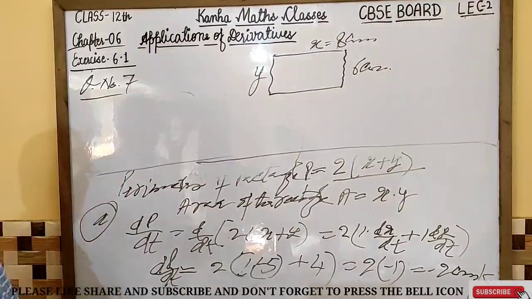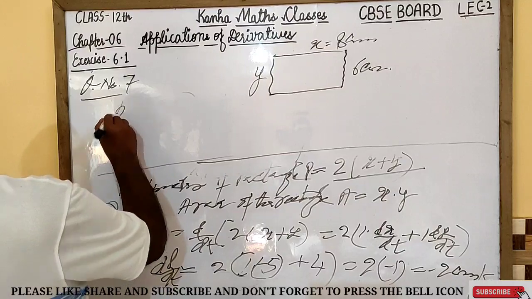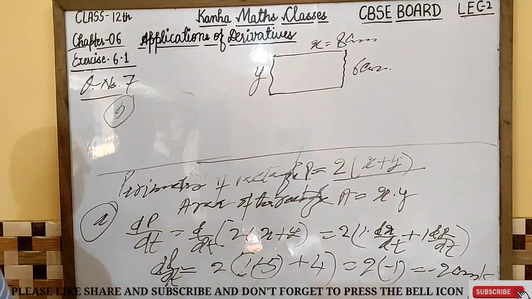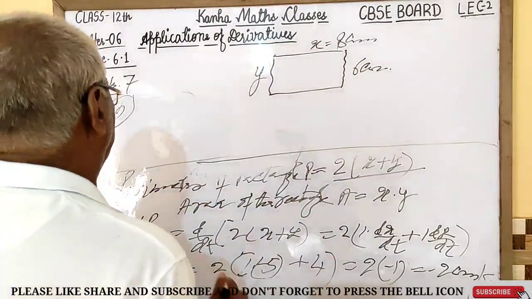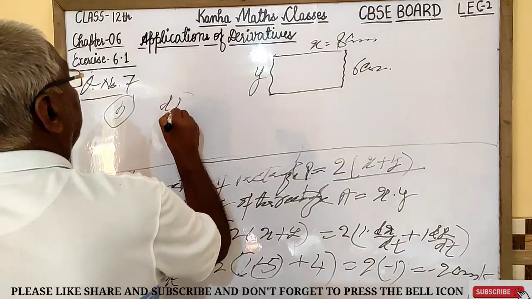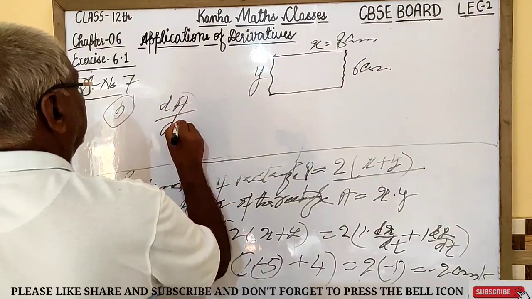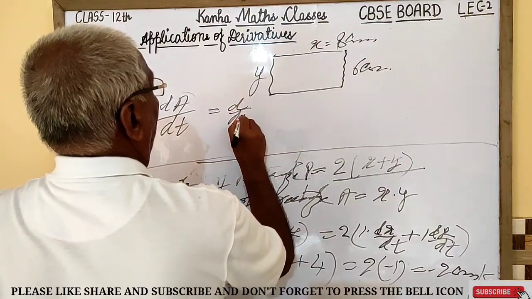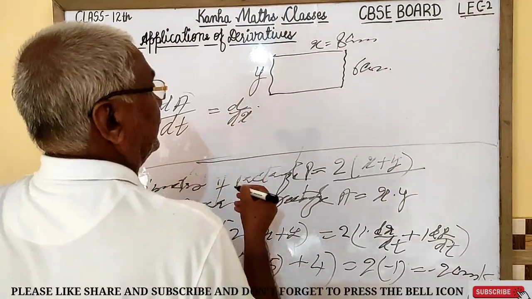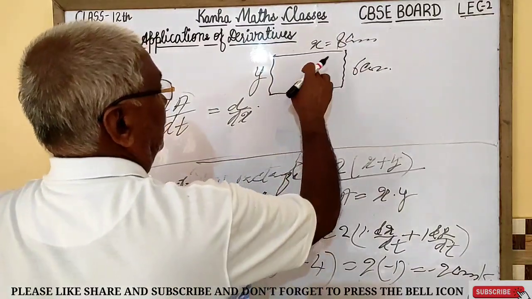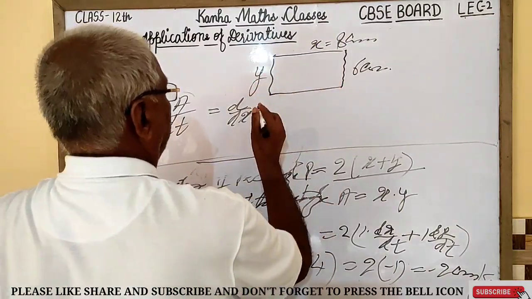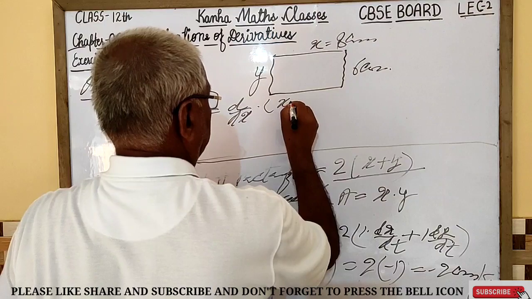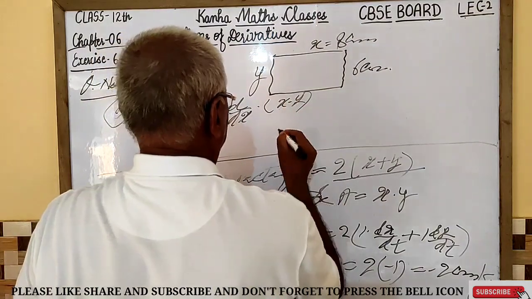Now, due to lack of space on the blackboard, we want to rub some of the upper part of the blackboard. The second part of question number 7 is the rate of increase of the area of the rectangle, that is dA by dt. dA by dt means d by dt of A. Area means if you have length x and width y, then this will be x into y.